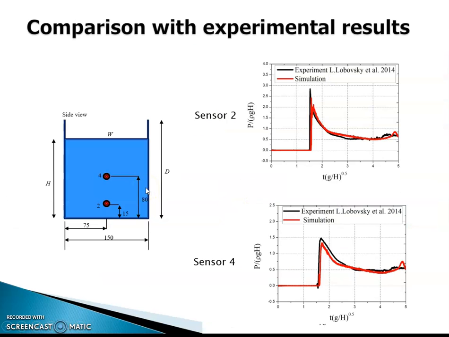Okay, and this is the data that we get from the simulation compared with the experiment for the two sensors. We can see here the red one is from the simulation by using the proposed boundary treatment.